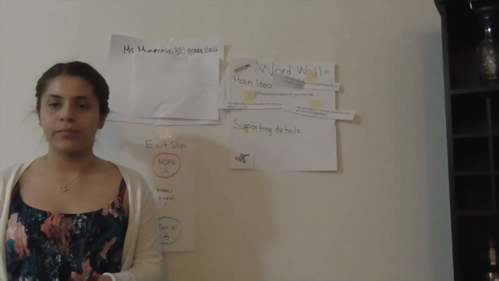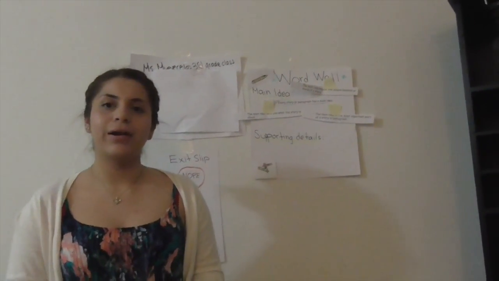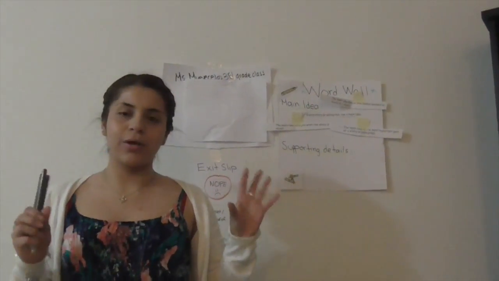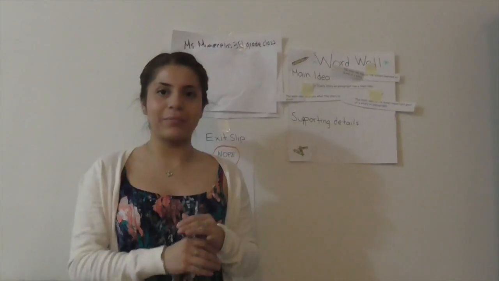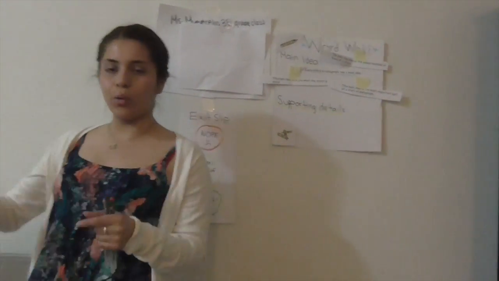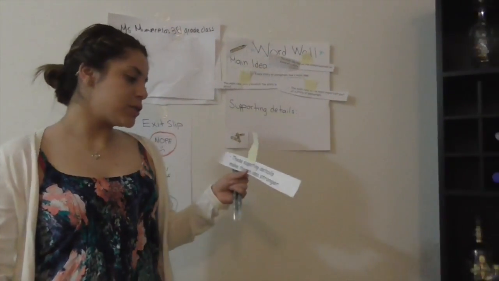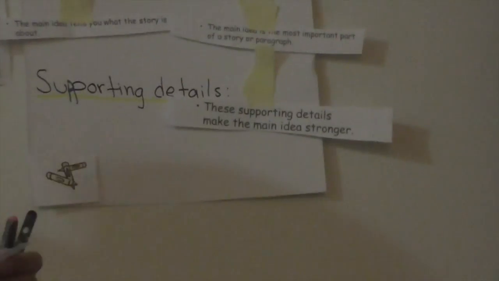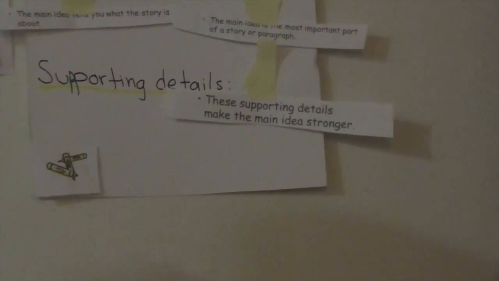Yeah, that's exactly what it is. Supporting details are like the bricks of a house. Without the supporting details, you can't have a main idea. So let's put that on our word wall. The supporting details make the main idea stronger, and the supporting details are the things that describe the main idea.